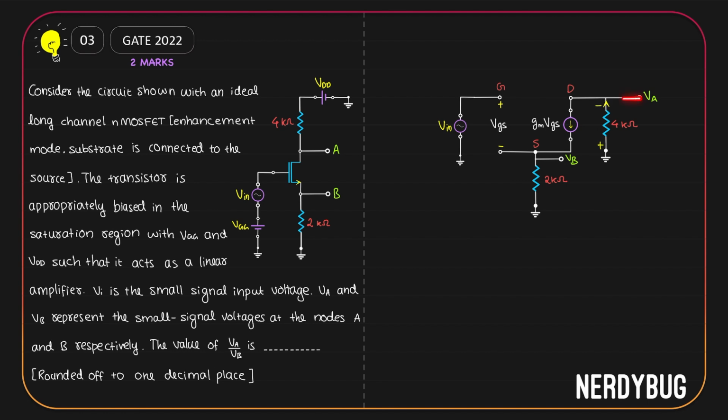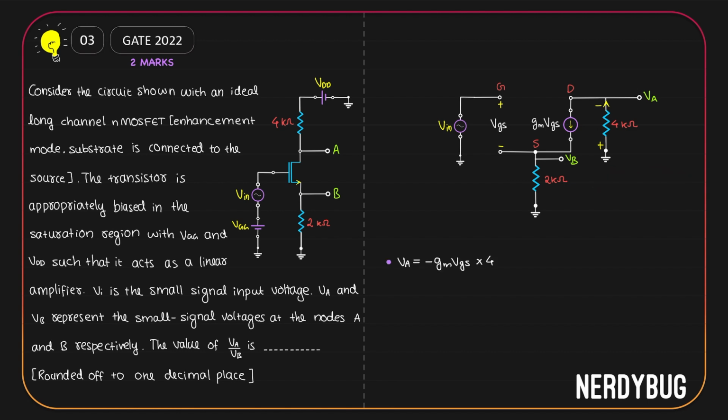Now VA is taken across the 4 kilo ohm. But there is a problem. VA is taken from the negative potential. So VA will be negative of whatever is the potential dropped across the 4 kilo ohm due to gmVGS flowing through it. So VA is negative of gmVGS multiplied by 4 kilo ohm.